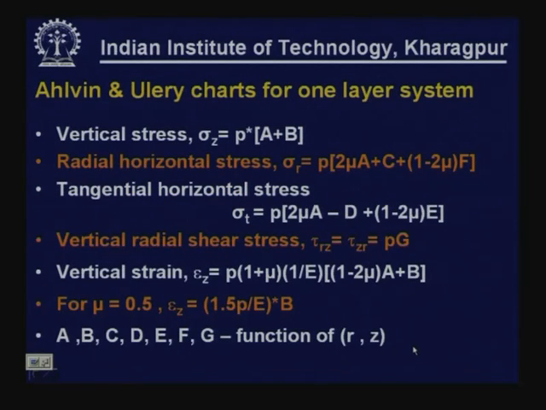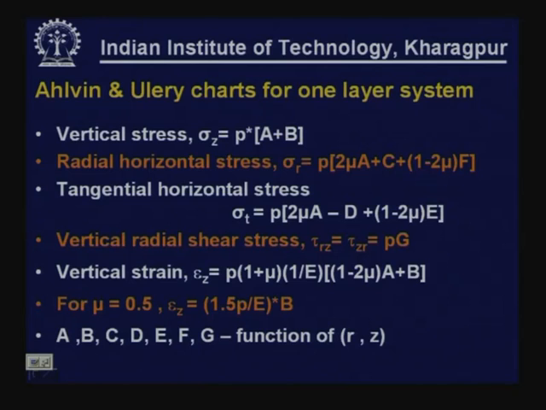Alvin and Ullery have given charts for a one layer system for the following parameters. We can calculate vertical stress sigma z, radial horizontal stress sigma r, tangential horizontal stress sigma t, vertical radial shear stress, vertical strain and other parameters.